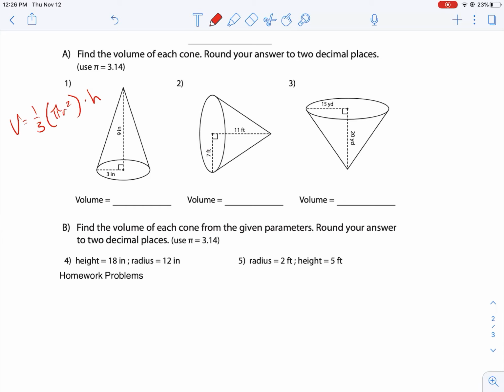In this case, our volume is going to be 1/3 pi times our radius, which is 3 squared, all times our height, which is 9. So 3 squared times 3.14 times 9 times 1/3 in parentheses, and I get 84.78 inches cubed.